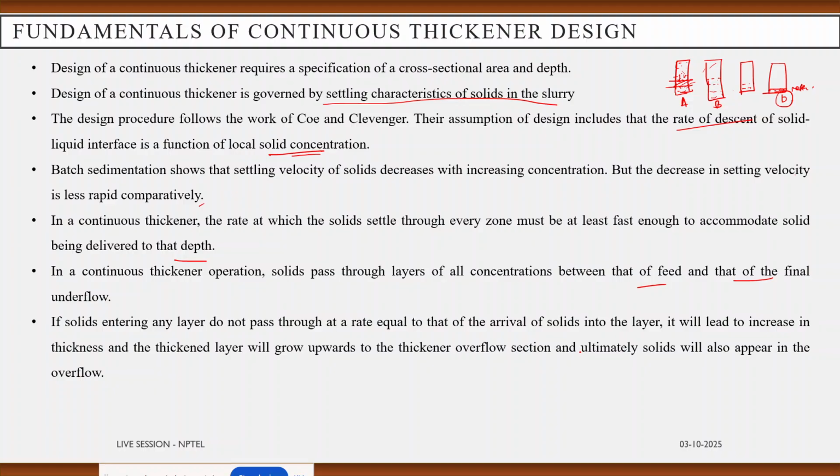So it is very important to balance that rate of settling, otherwise the thickness of that concentration layer will increase, and the layer will go up to the point of overflow. So the solids will also be present in the overflow, and we will not get the quality of clarified liquid.